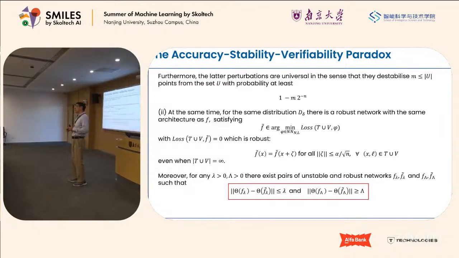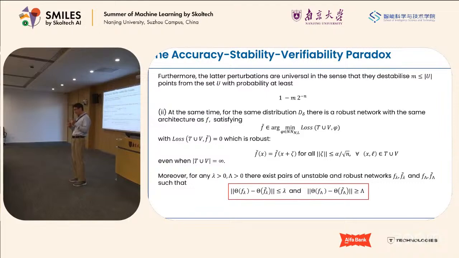I'm going to give you a pair of networks whose characterization in the parameter space will be this. The weights will be within this delta, whatever small number neighborhood that you gave me. So in parameter space, they will be almost indistinguishable.